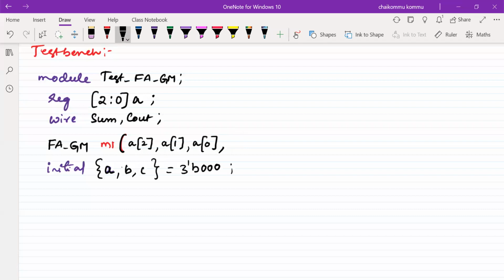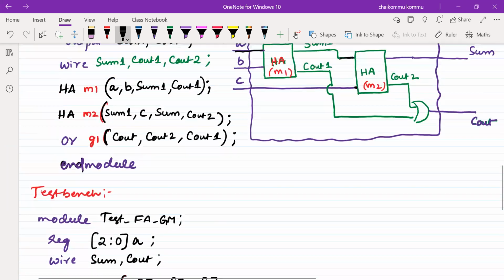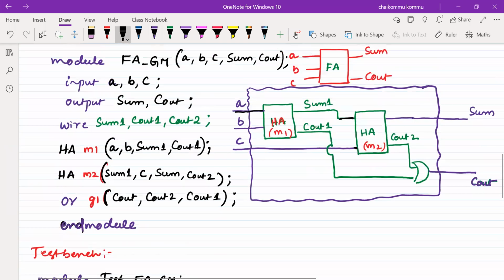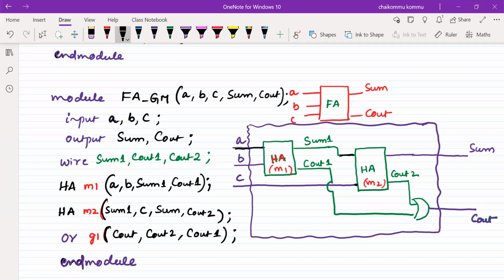Why am I not writing A directly? A is actually 3 bits in size, but why can't I write A directly here? Because previously we wrote the scalar notation. How many ports are there? 1, 2, 3, 4, 5. 5 ports: 3 input ports and 2 output ports.